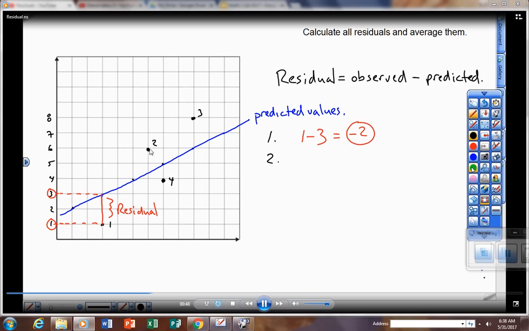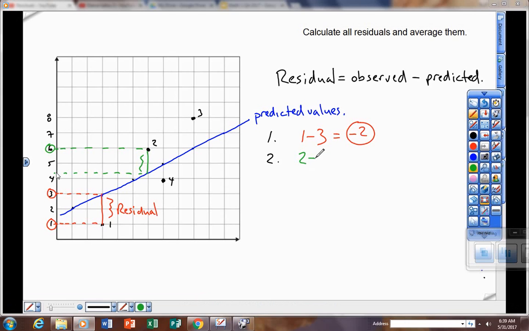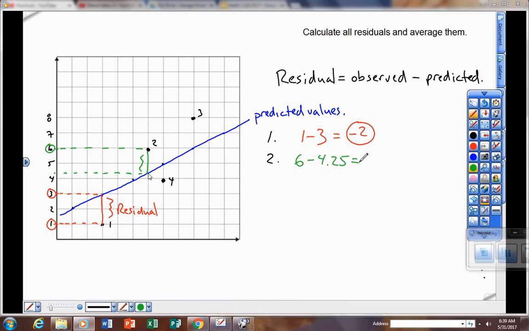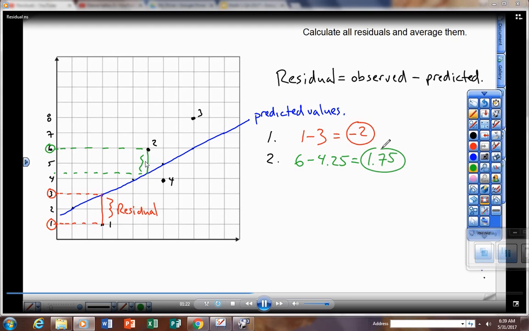Looking at this point number 2, this is above the line. It will have a positive residual. So my observed value for 2 is 6, looking at the y-axis. My predicted value is 4 1/4, or 4.25. So if I take that observed value of 6 minus the predicted value of 4.25, I get 1.75, and you can see again that is a positive residual above the line.